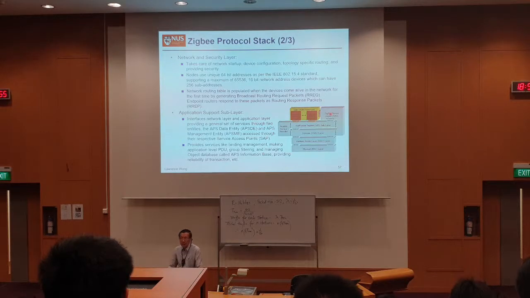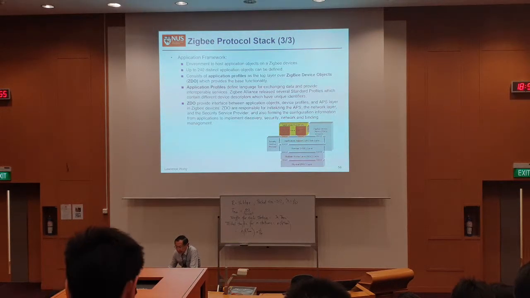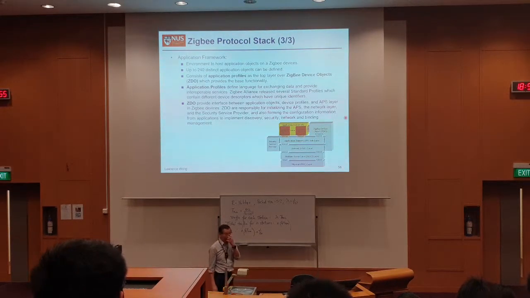So the Alliance has a whole library of different devices. Then this is the application framework, which I already mentioned. You have the device objects and the application profiles, and the interfaces between them that talk to each other. So that's basically the key.